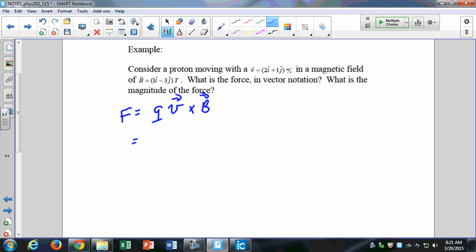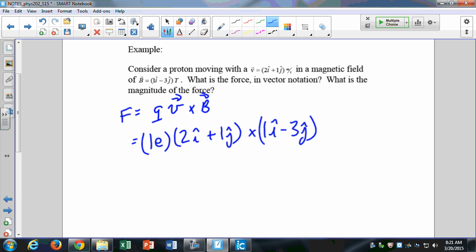First, I just want to write this out in terms of e, which is a proton: 2i plus 1j crossed with 1i minus 3j. Do that cross product, remembering that i cross i and j cross j are equal to 0. If you've had Calc 3, well, none of you have, but if you take it, they teach you a slightly different way to do cross products using a matrix.